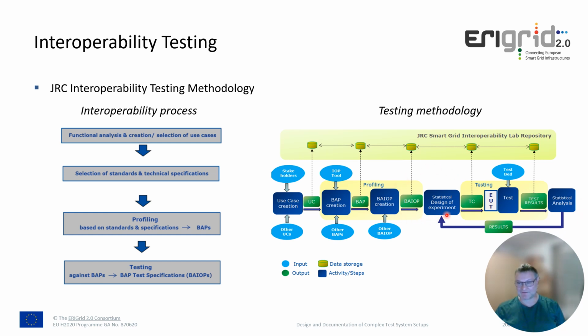They start typically with a design of experiment, a statistical design of experiment, a so-called DOE approach, where the experiment is being planned based on statistical information. Then the corresponding tests are being executed that you can see here: the equipment under test in a test bed with the different test cases, and the results are being analyzed.